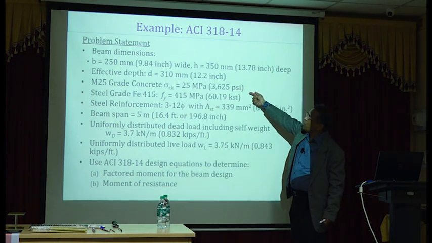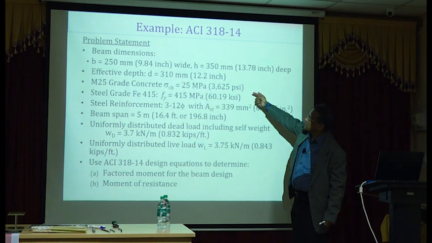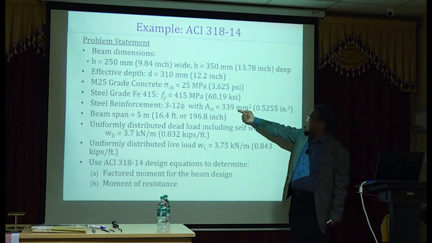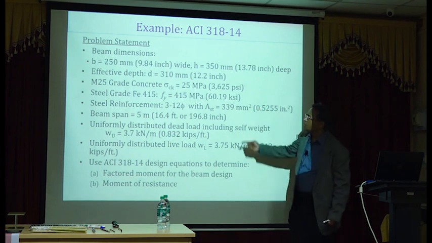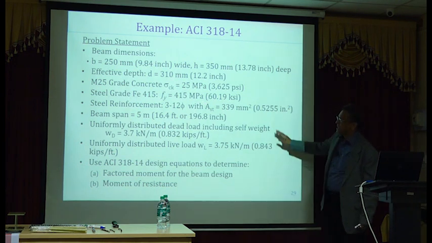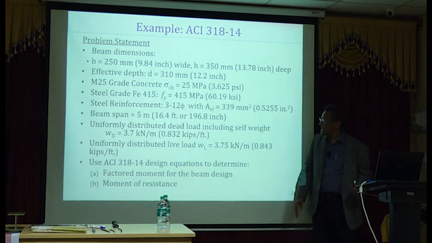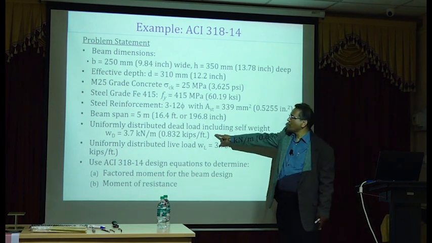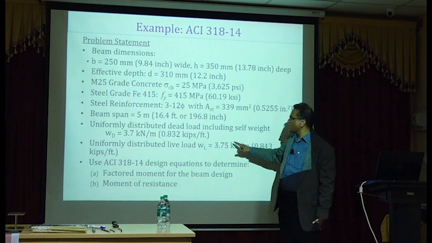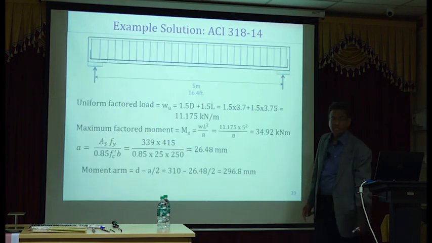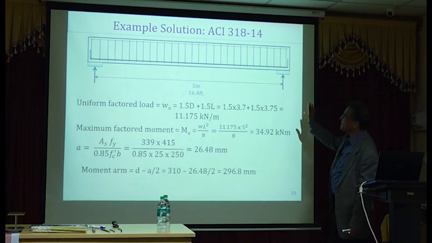M25 grade concrete, fck is 25 MPa, steel 415 MPa, area of steel 339 square millimeter, beam span 5 meters. Then let's use ACI to find the factored load moment based on dead load of 3.7 and live load of 3.75. So just use the same data.